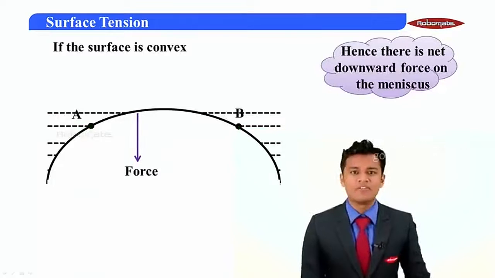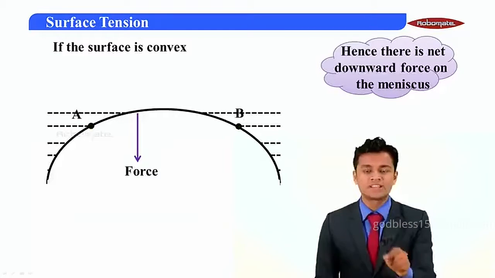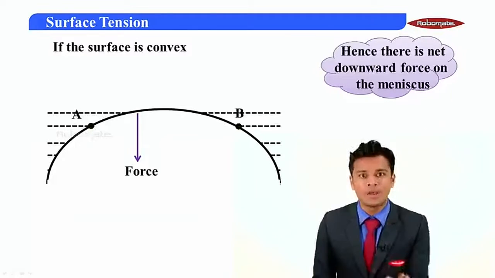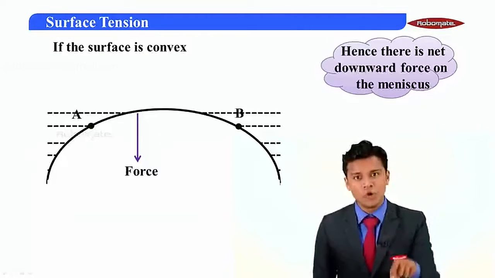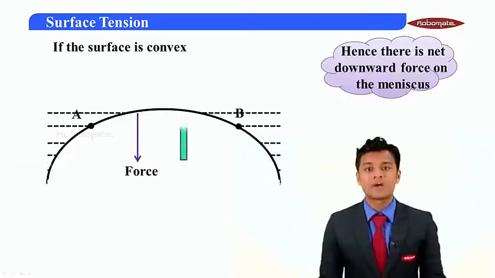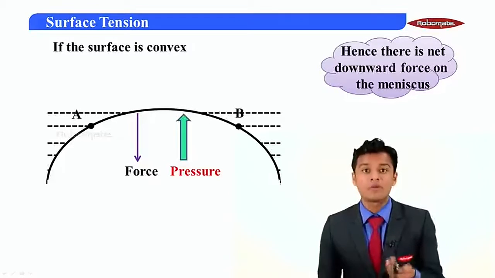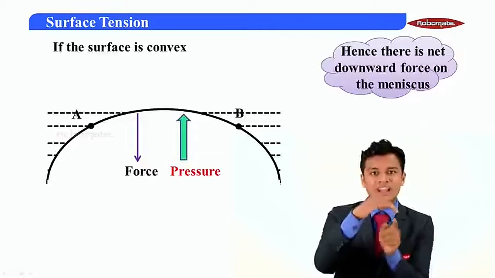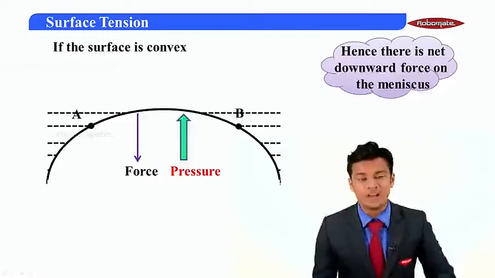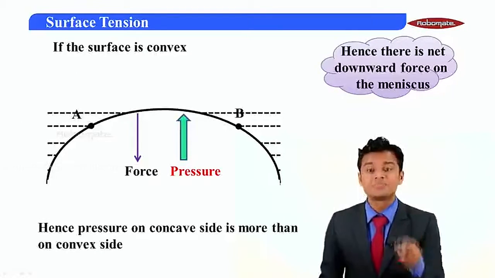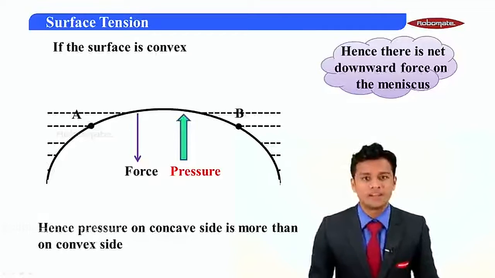Now class, if I have net downward force, the meniscus should keep on moving downward, but that does not happen. That means there is one more force in the upward direction which is cancelling the effect of this force. So there is pressure coming from the downward side. But from this side it is again the concave side. So again pressure on concave side is more than on convex side.